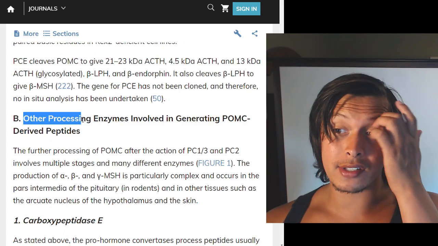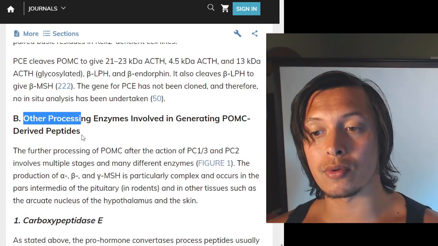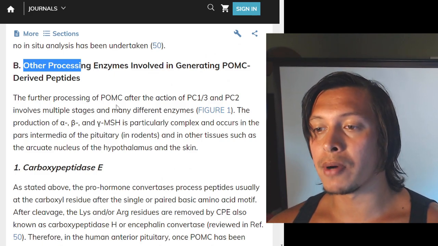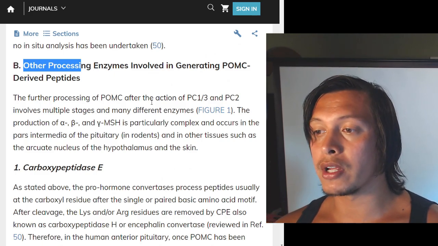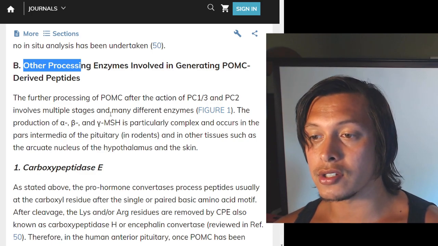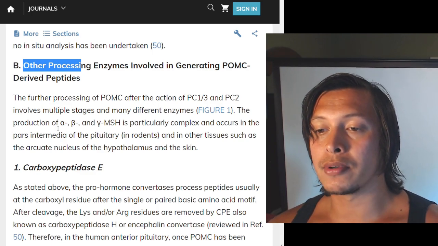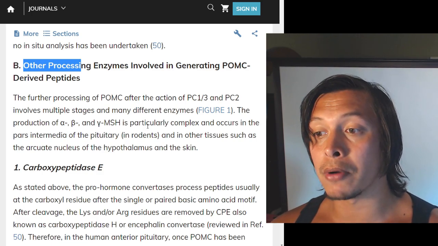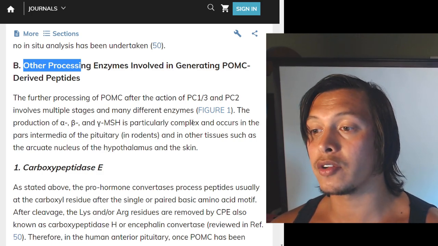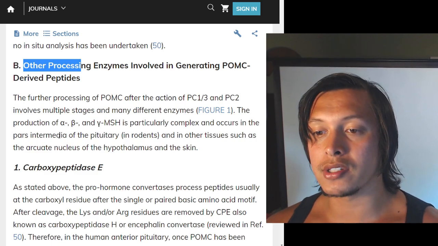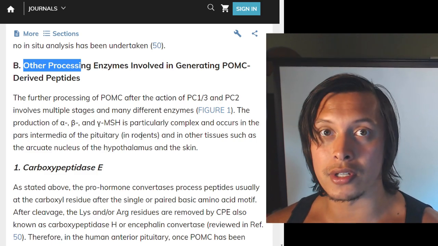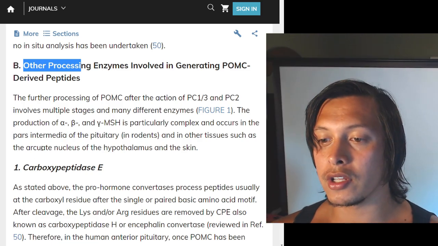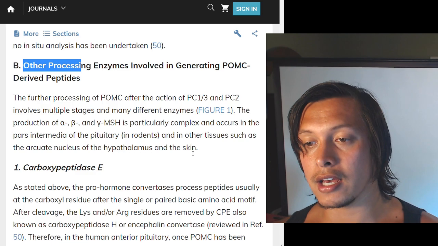So, other processing enzymes involved in generating POMC-derived peptides. The further processing of POMC after the action of PC13 and PC2 involves multiple stages and many different enzymes. The production of alpha, beta, and gamma melanocyte-stimulating hormone is particularly complex and occurs in the pars intermedia of the pituitary, in rodents at least, and in other tissues such as the arcuate nucleus of the hypothalamus and the skin.